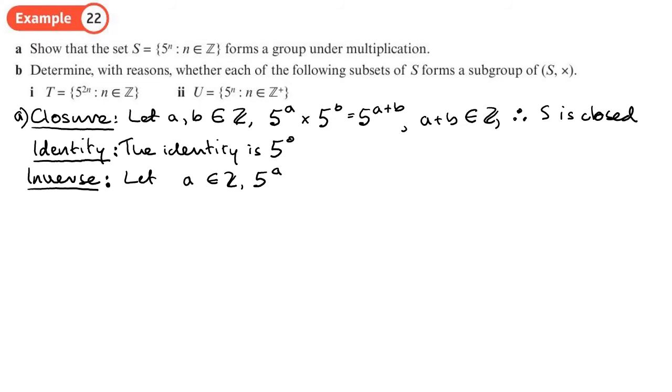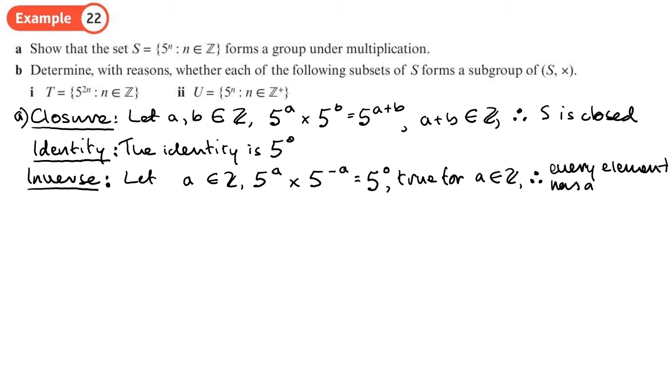If I do 5 to the power a and multiply it by 5 to the power of negative a, I get 5 to the power 0, so I get the identity. So this is going to be true for all values of a. So then we can say therefore every element has an inverse.